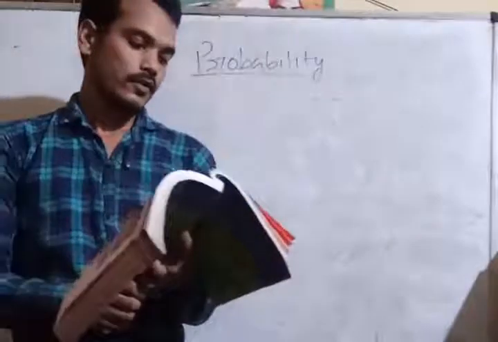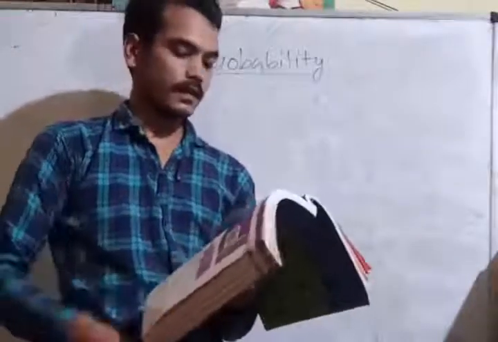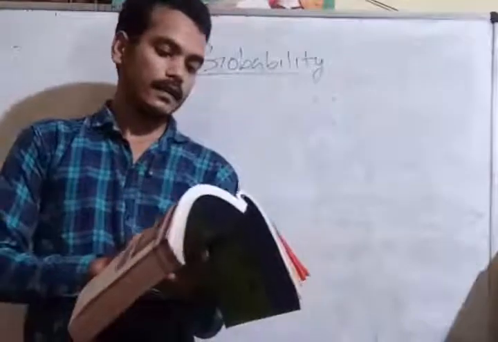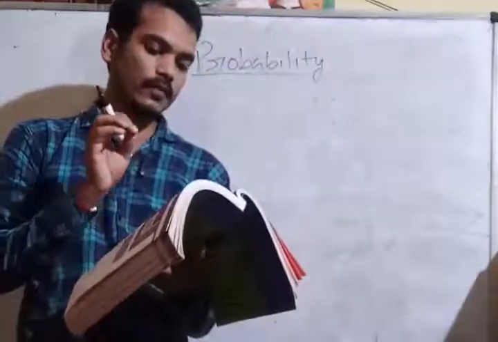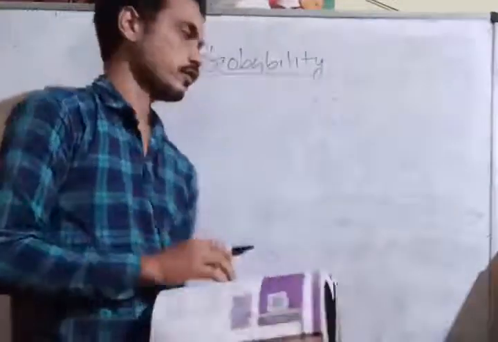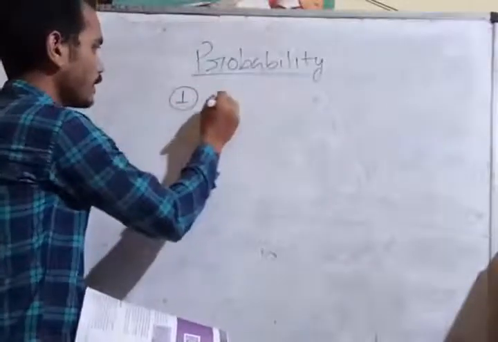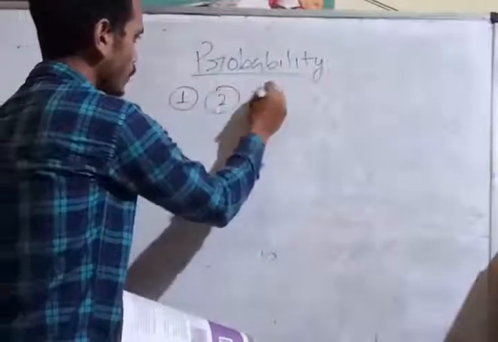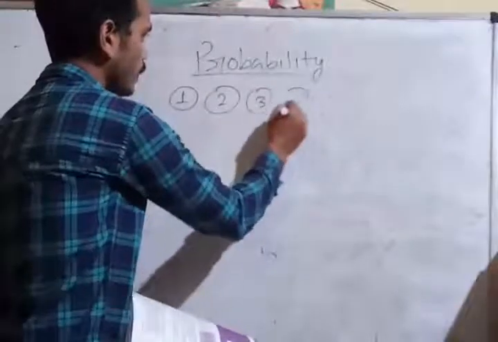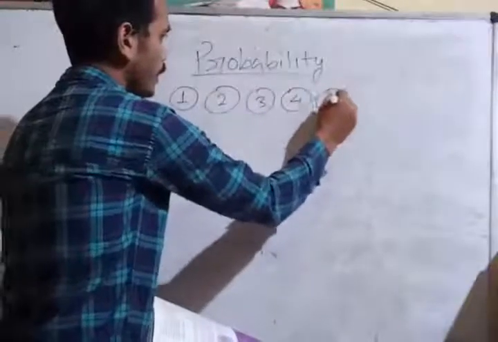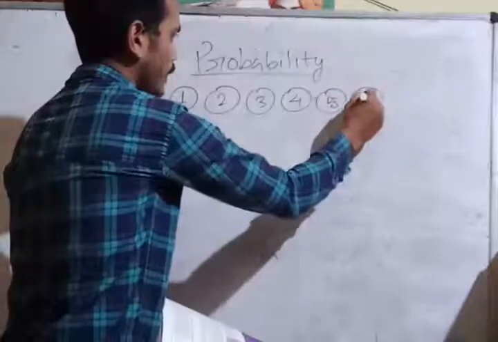So in question number 2, 6 marbles are there, and on those 6 marbles, markings 1 to 6 are also there, like 1, 2, 3, 4, 5 and 6.